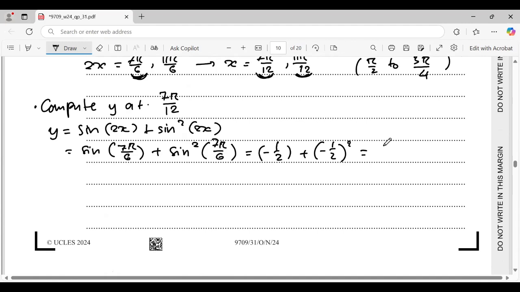It is minus 1 half plus 1 quarter. So the result is minus 1 quarter. So the exact coordinates of the minimum point M is (7 pi over 12, minus 1 quarter). So, next question.